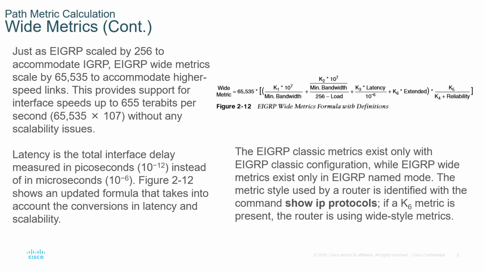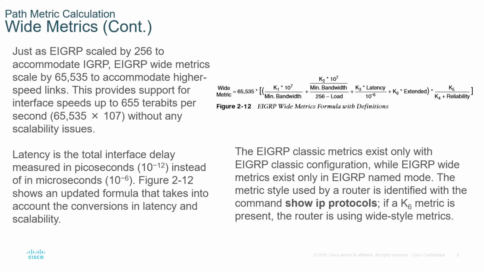Why do we need to do this? Because it provides support up to 655 terabits per second. So it's much more scalable and gives us the modern differentiation between the bandwidths we see in networks today.